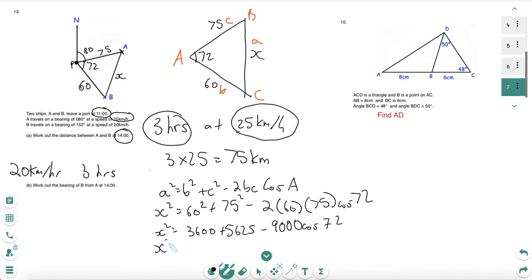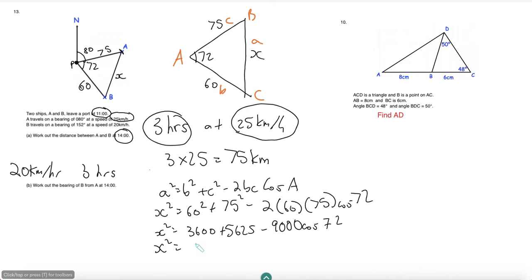Let's simplify even more. 3,600 plus 5,625 is 9,225 minus 9,000 cosine 72. We can't subtract 9,225 by 9,000 because this is a number term and this is a cosine 72 term. So all you're going to do is just plug this whole thing into your calculator, okay?